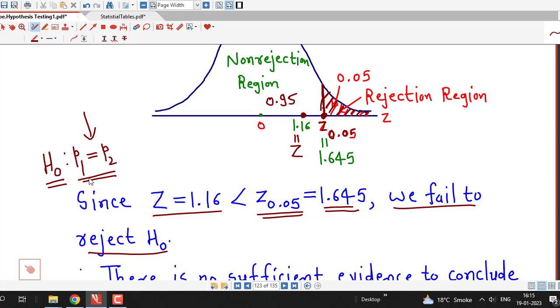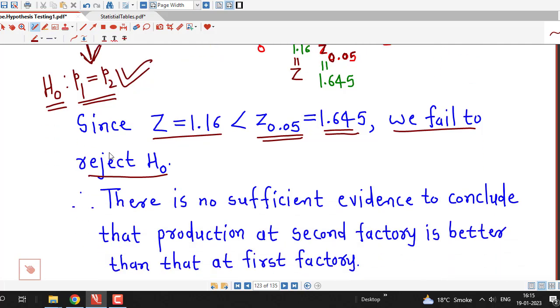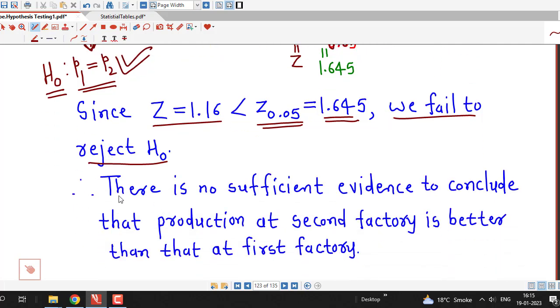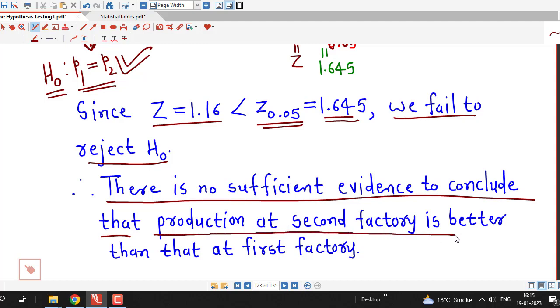So we cannot conclude that production at the second factory is better than production at the first factory, because we do not have sufficient evidence to reject this equality of the proportion of defective units for both factories. Therefore we can write our answer this way: there is no sufficient evidence to conclude that production at the second factory is better than the production at the first factory.